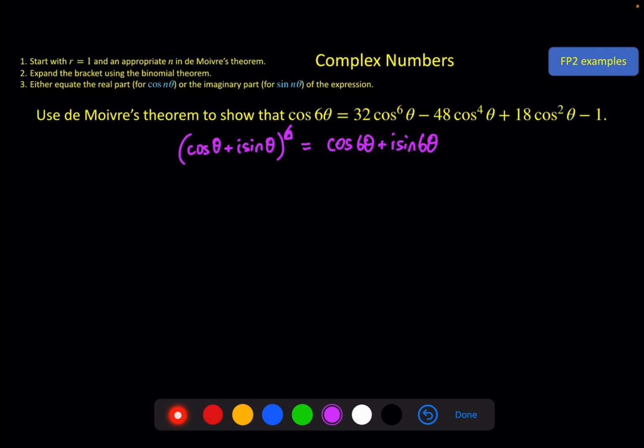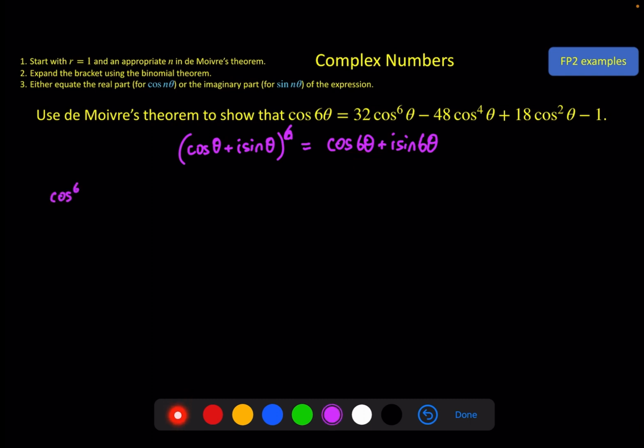That's our starting point. Obviously the right hand side is looking pretty good. This is the thing that we want, which is why later on we're going to equate the real part, not the imaginary part. But this side here, this is where the work is going to be. I'm going to need to expand this using the binomial theorem, which is going to be quite a long expression. Then we're going to need to tidy it up and then equate it. So let's get going with this.